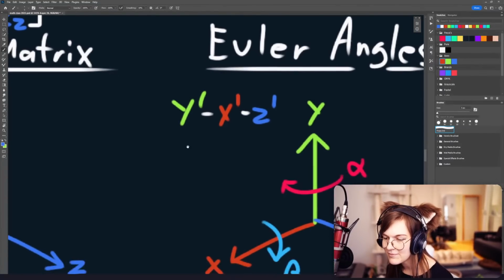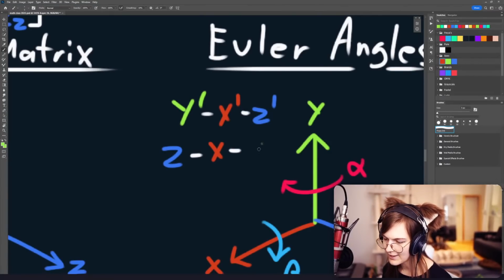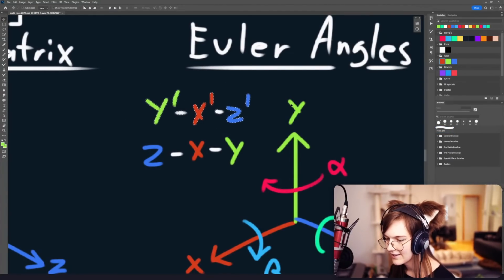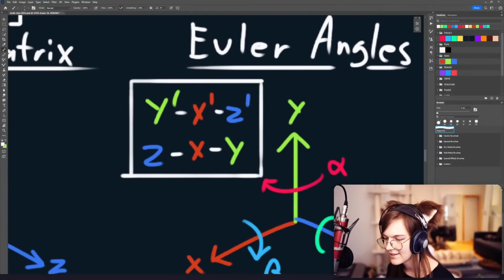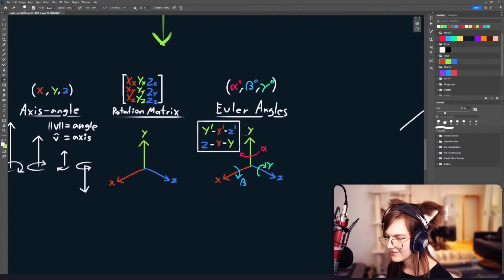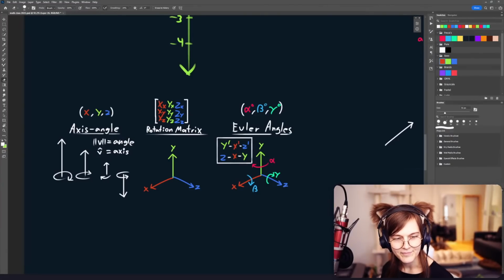This is actually the same thing as doing extrinsic rotations in the order of z, x, y. So if you want to read up and nerd out about Euler angles and Tait-Bryan angles, this is what Unity is using. So there you go. This is the order of rotation around the axes. Okay, so that's Euler angles. They're kind of annoying, but they exist. They're always in the inspector, lurking around, and so we kind of just have to accept them.